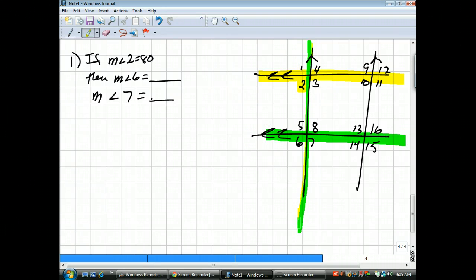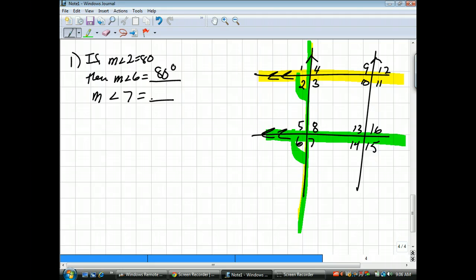So we have our transversal is the vertical one, and the 2 horizontal ones are the parallel ones. Then angle 2 and angle 6 are what kind of angles? They are corresponding angles. So 2 parallel lines cut by a transversal, then corresponding angles are congruent. So angle 6 must be 80 degrees.